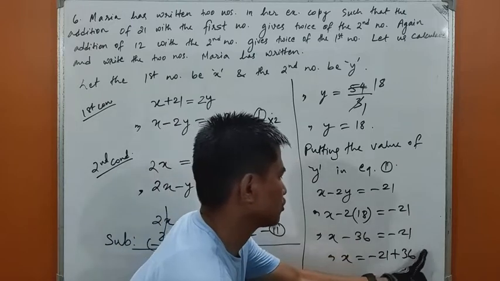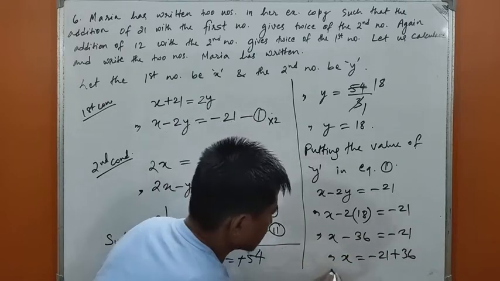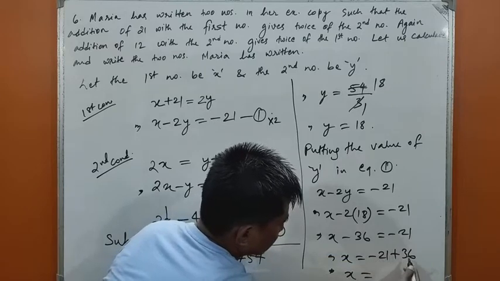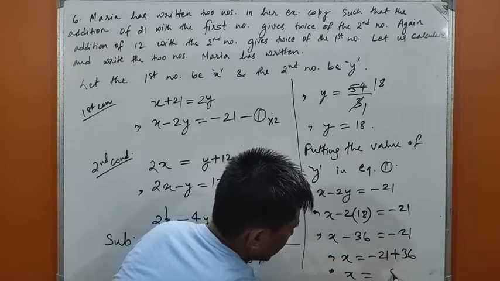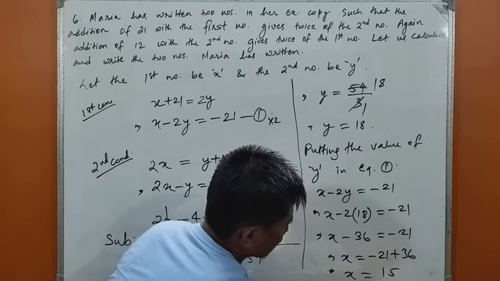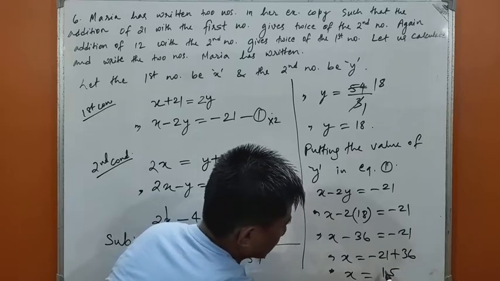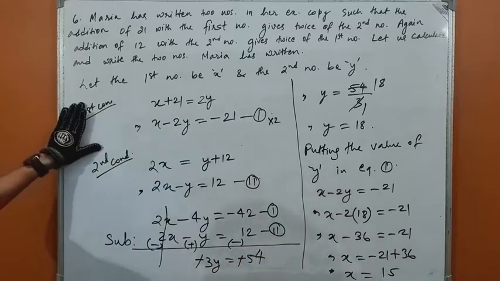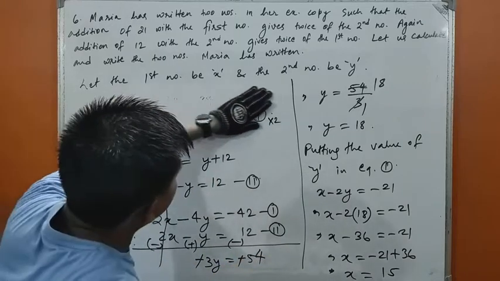Or x equals to minus 21 plus 36. Minus 36 goes to right hand side, it becomes plus 36. Or x equals to 36 is positive, 21 is negative, so we must subtract. 6 minus 1 is 5, 3 minus 2 is 1, so the sign of the greater number comes here, plus, so plus 15. Therefore x is the first number written by Maria and y is the second number written by Maria.